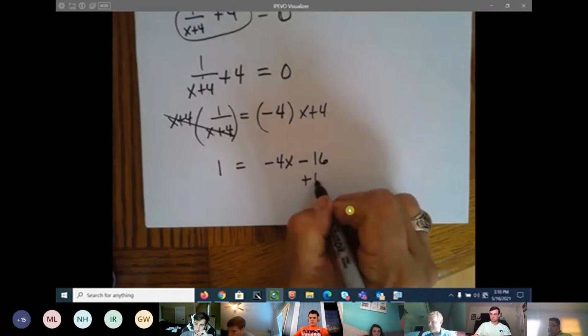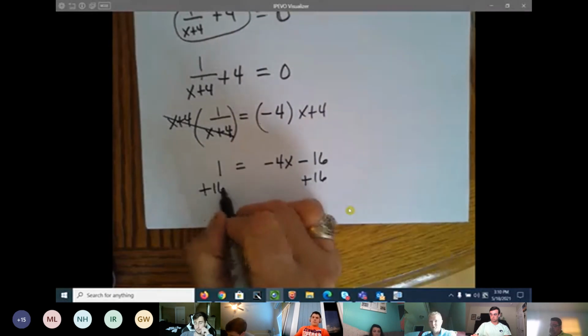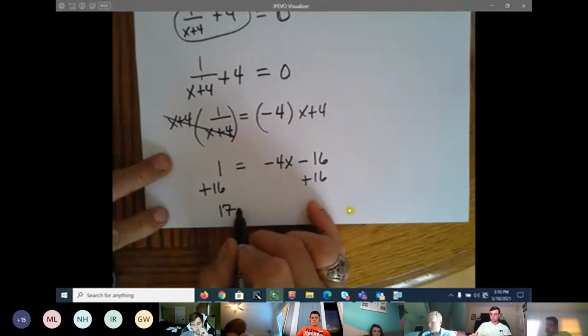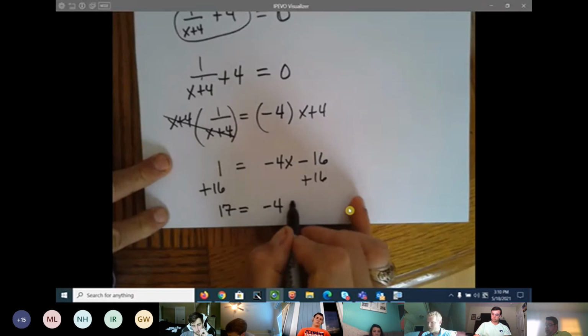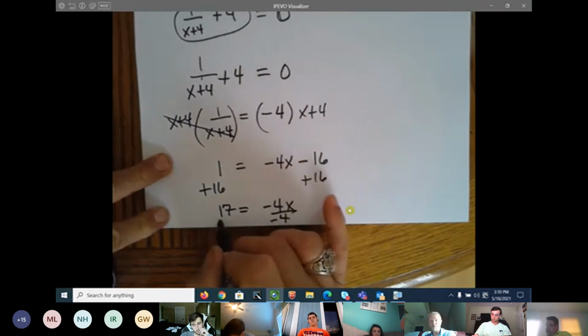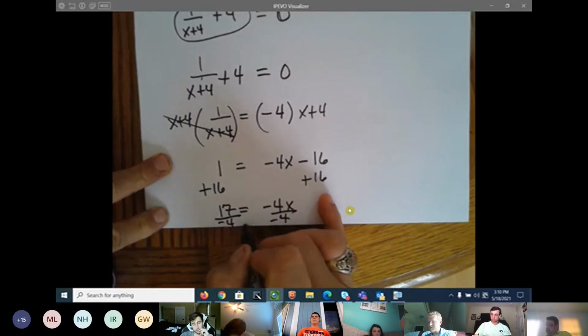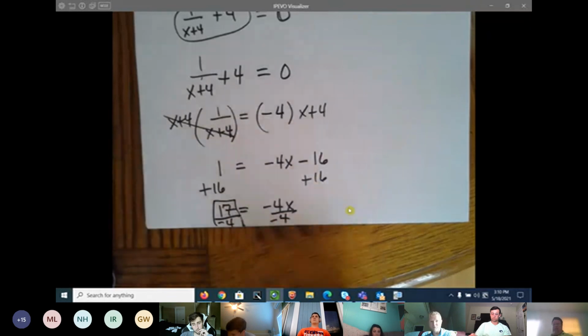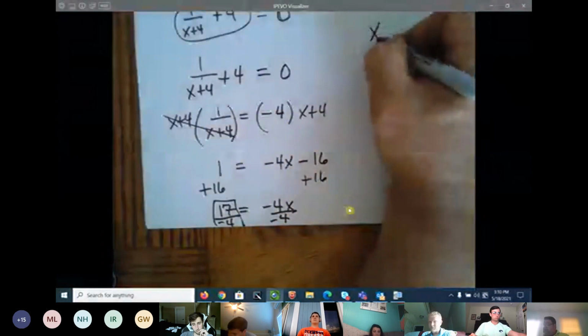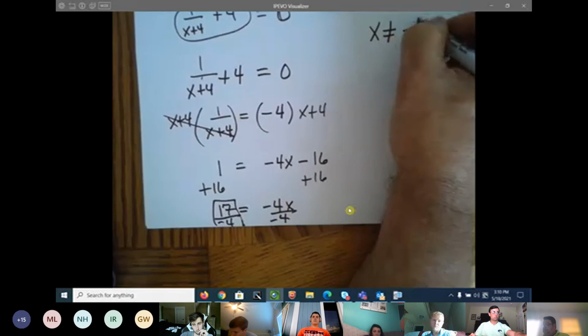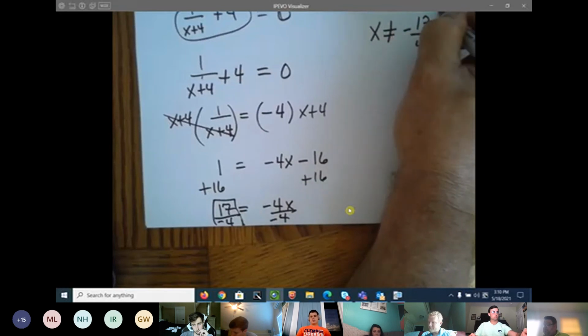Add 16 to both sides. 17 is equal to -4x. Divide by -4. And that is what will give you 0 in the denominator. So x cannot equal -17/4.